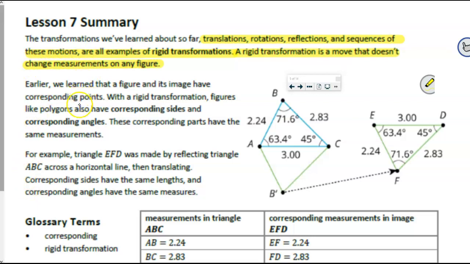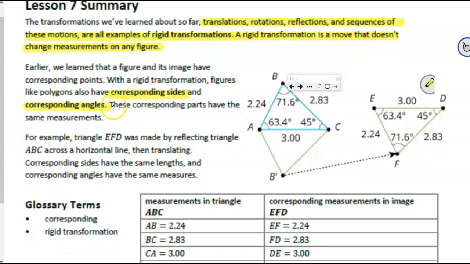For example, and you'll remember this, each figure and its image have corresponding points. So with a rigid transformation, figures have corresponding sides and corresponding angles. And what we're seeing in these rigid transformations is that these corresponding parts, whether sides or angles, have the same measurements.